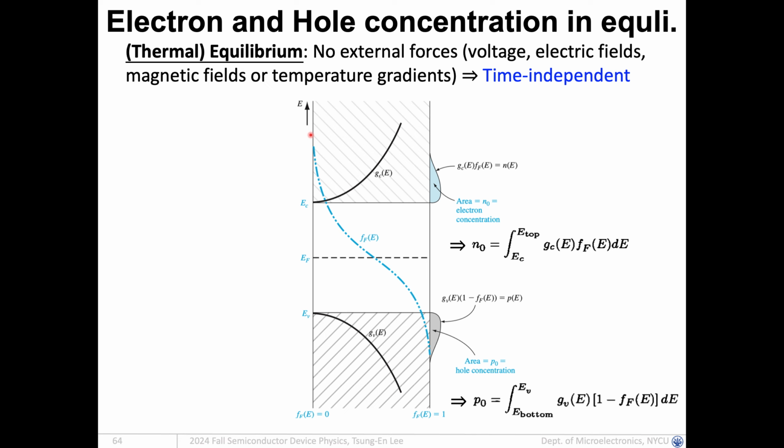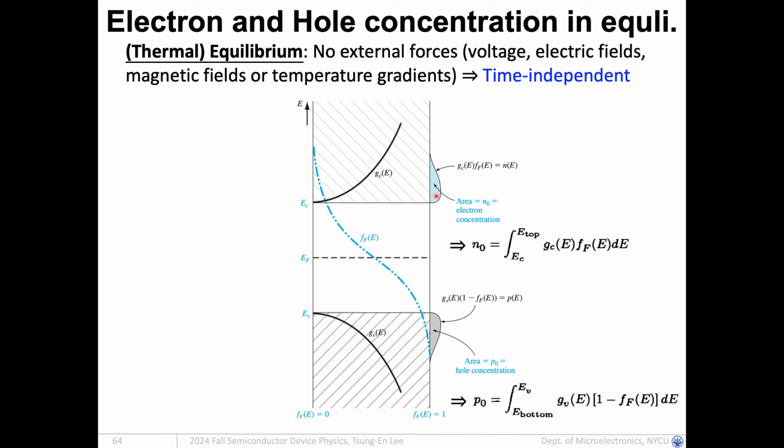So that can be plotted in this way. When we want to determine the electron concentration in the conduction band, we multiply the density of states and the Fermi-Dirac distribution at each energy. So that's the reason why this carrier concentration looks like this shape.